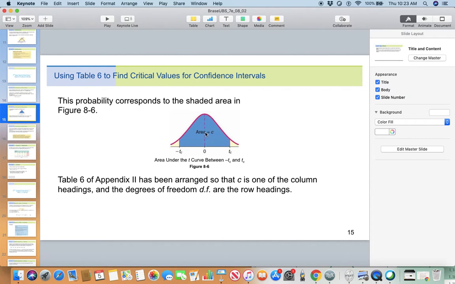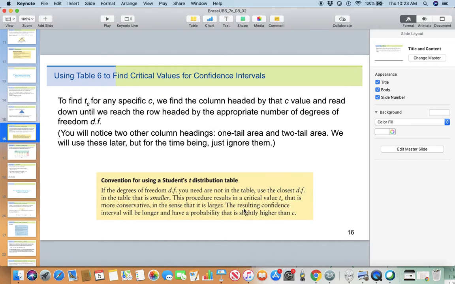This is why you look for degrees of freedom that is smaller. If your degrees of freedom are not in your table, use the closest degrees of freedom that is smaller.